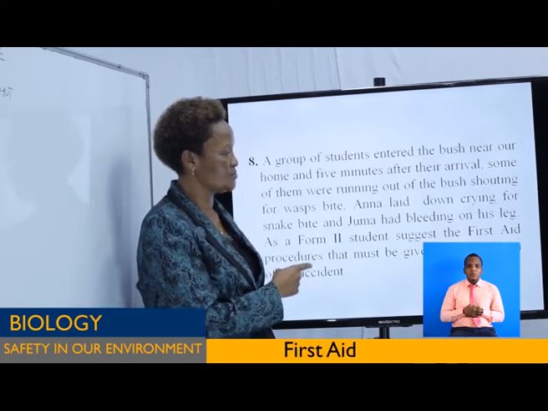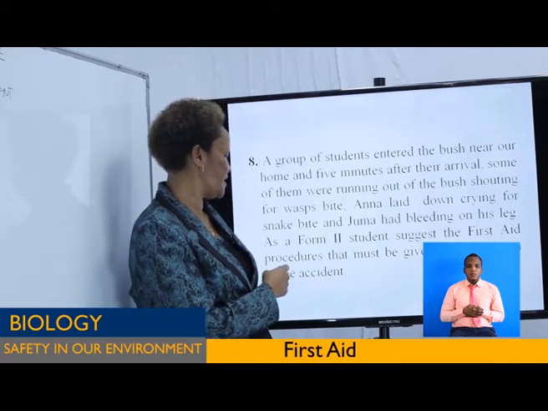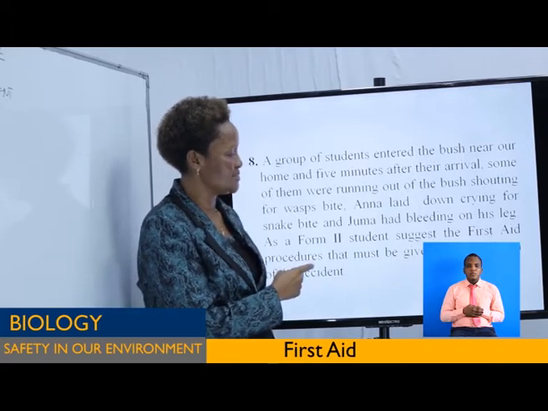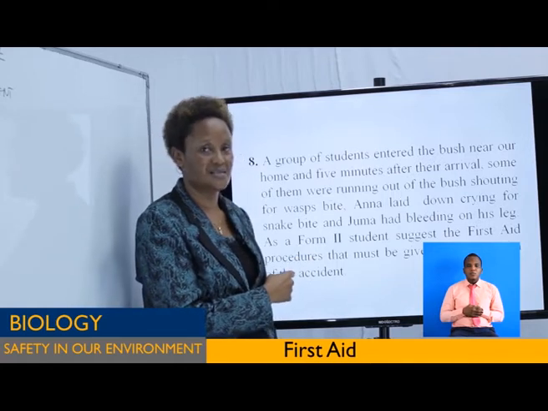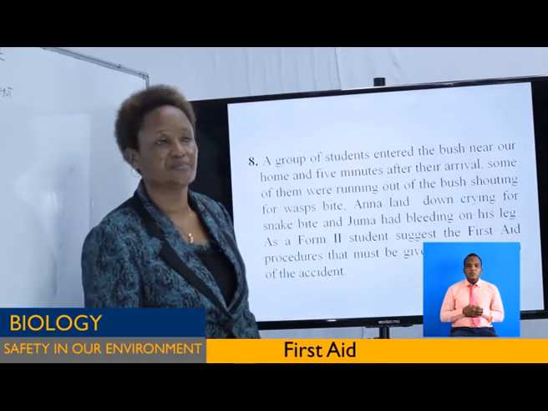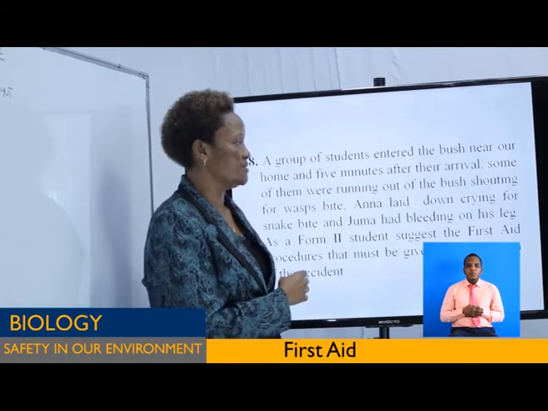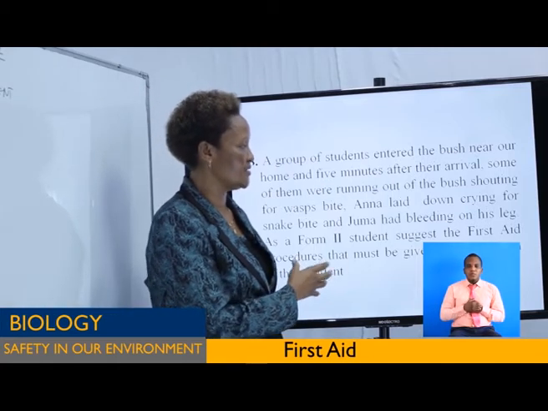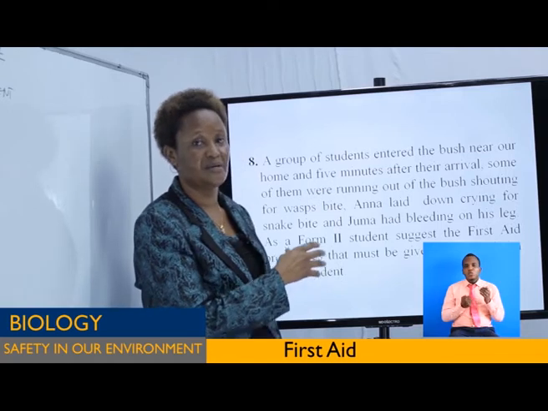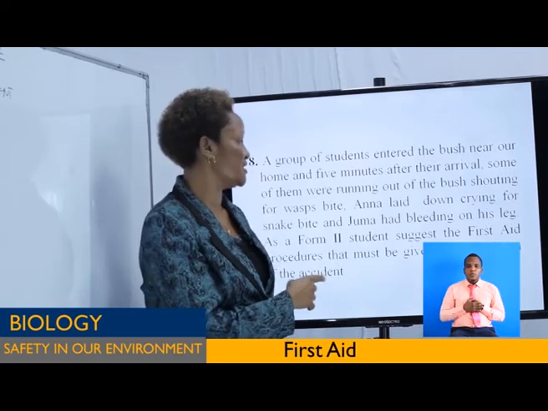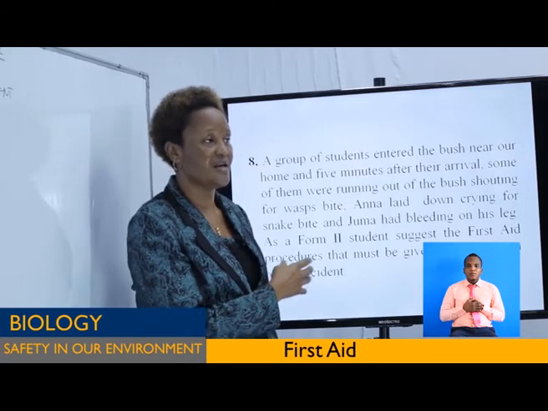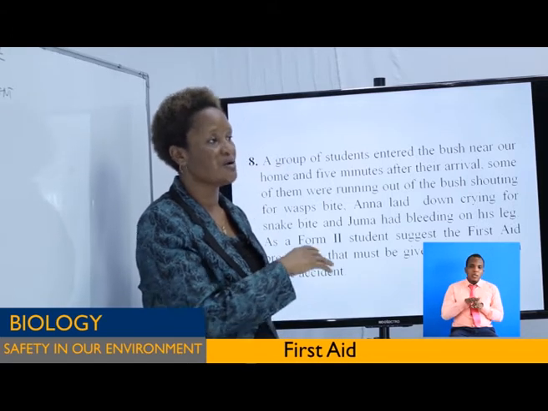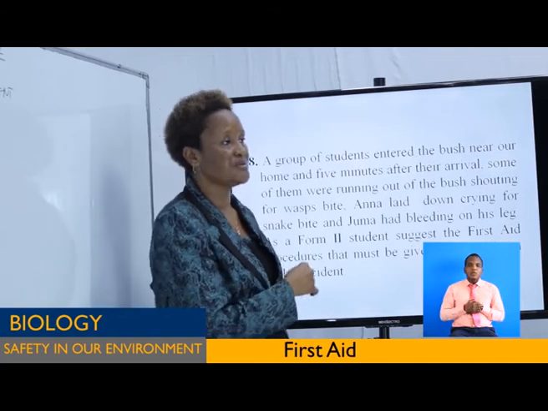As a Form 2 student, suggest the first aid procedures that must be given to each accident victim. Now, this question is a scenario, but I will present my revision by just citing this question. So at the end, you will be able to answer all other questions together with this one.